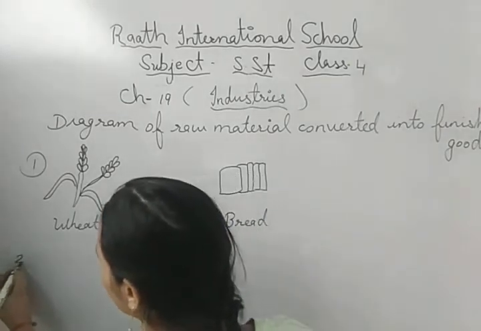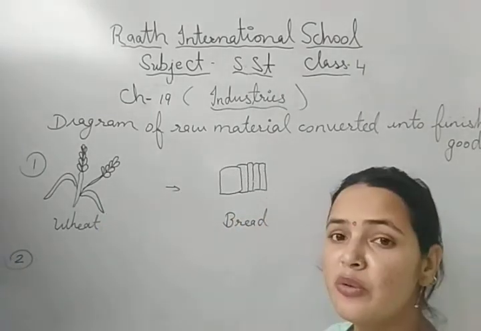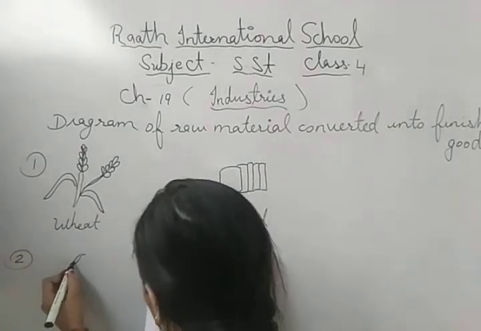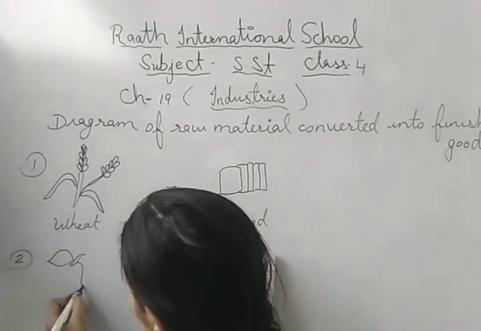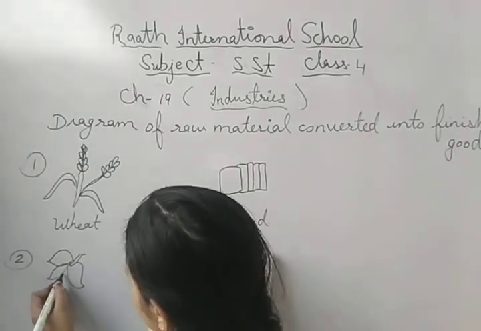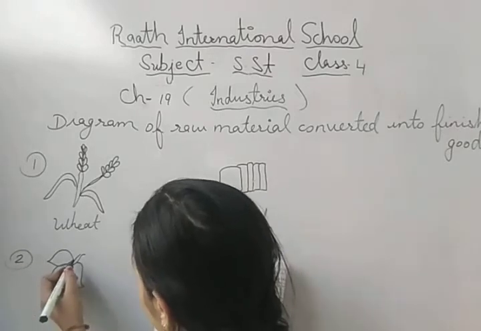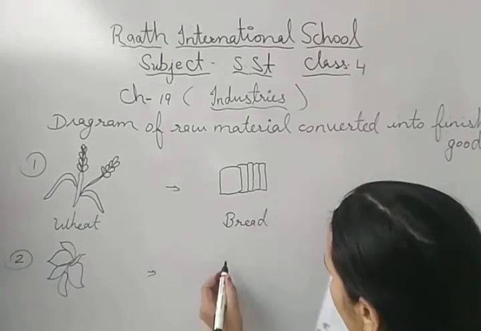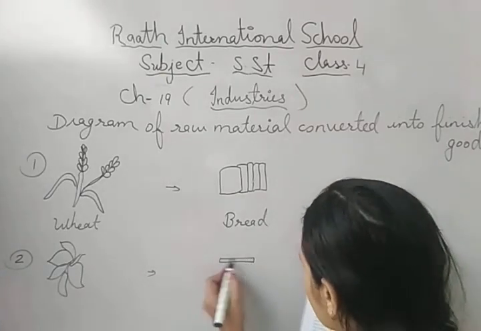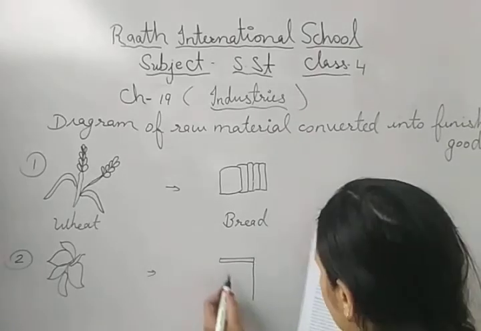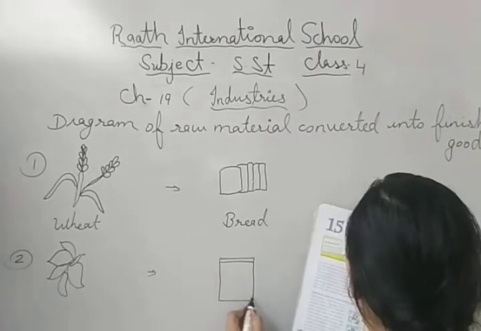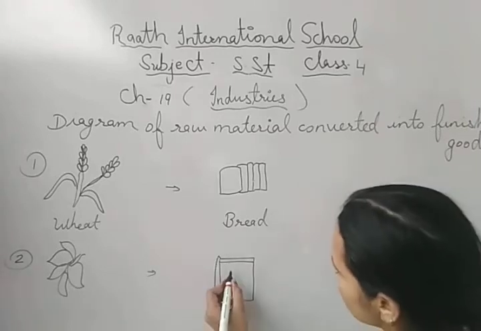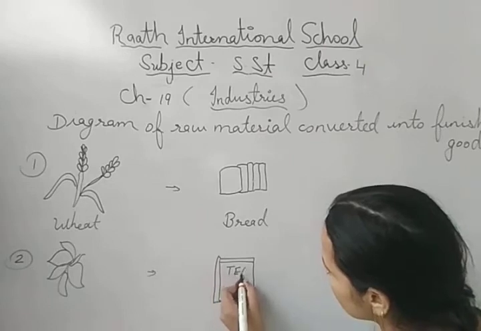After that, number 2. On the number 2, there is, these are the leaves. These are the tea leaves, and the product that is produced from it, that is tea. So it is tea.